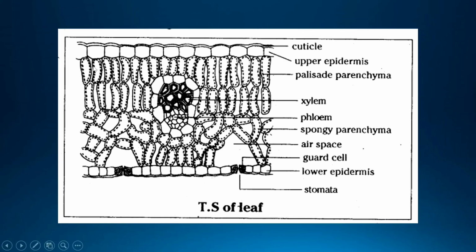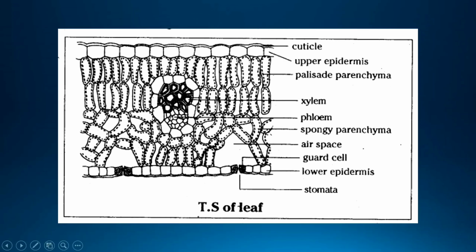The tissue present between the upper and lower epidermis is called mesophyll. The mesophyll is of two types: palisade parenchyma and spongy parenchyma. The mesophyll below the upper epidermis is columnar or pillar-like, leaving very few intercellular spaces.